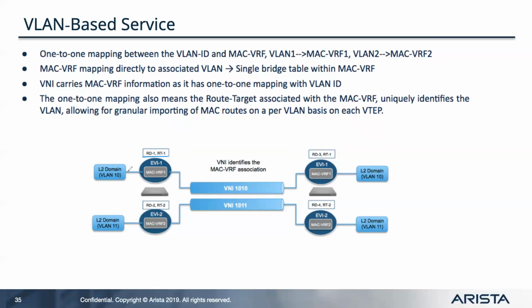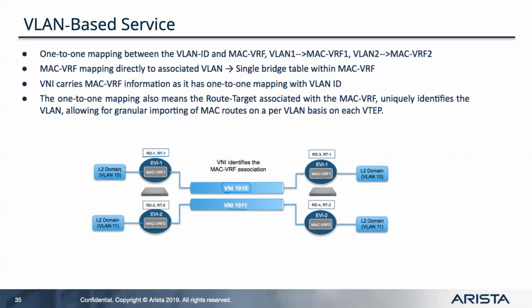Okay. Now, one more thing is, for each VLAN, you also have to configure different VNIs. So VLAN 10, VNI is 1010. VLAN 11, VNI is 1011.